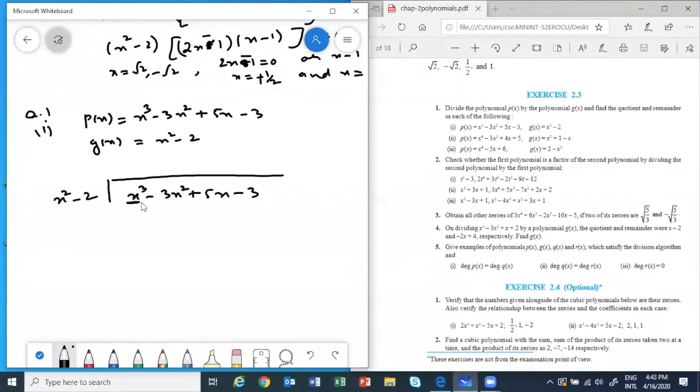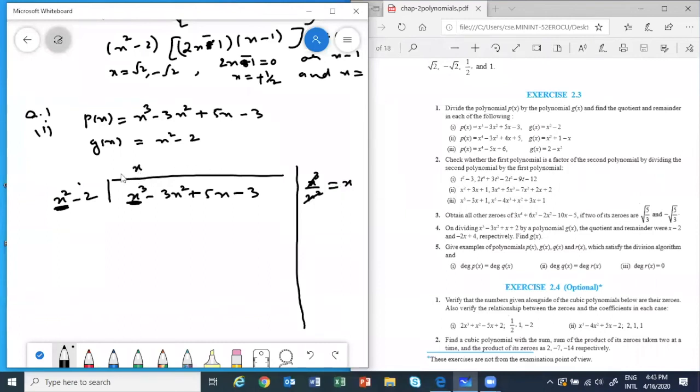I want to eliminate x cube, but I have x square here. With what should I multiply x square so that I get x cube? For finding that, we divide x cube by x square. We'll get x.